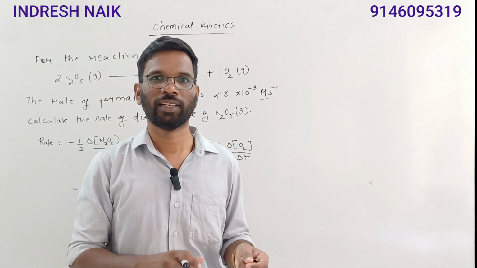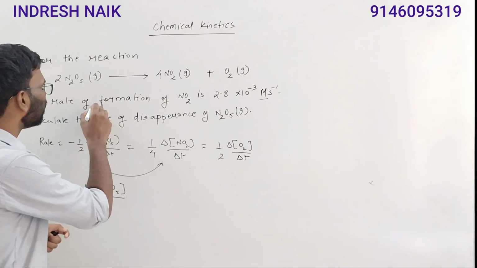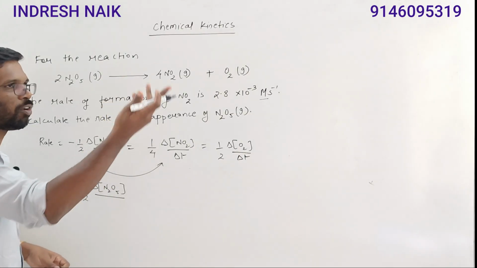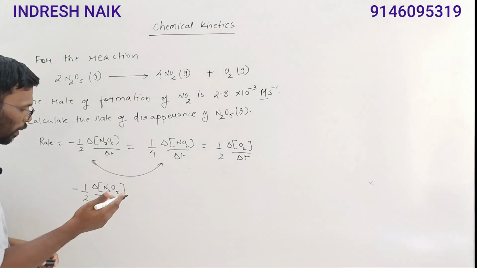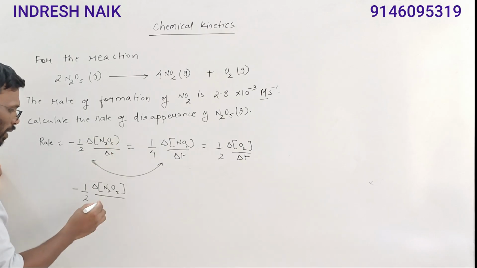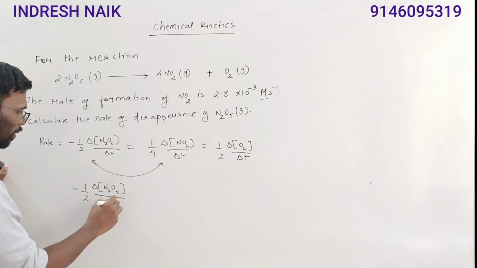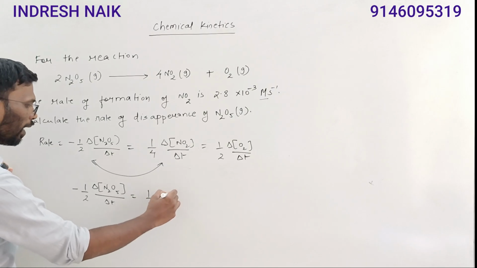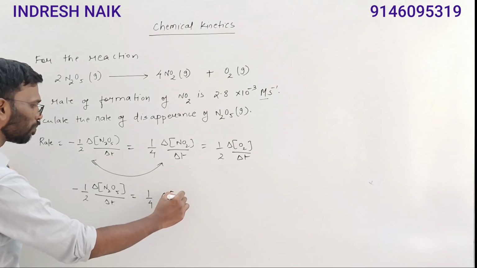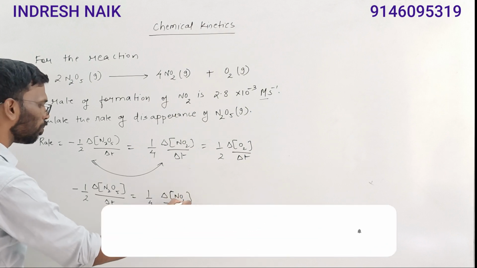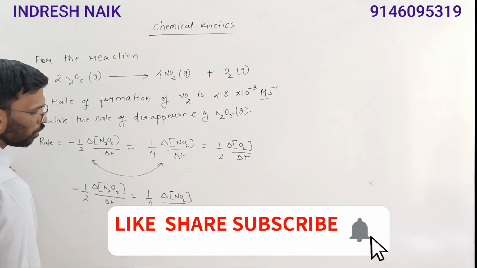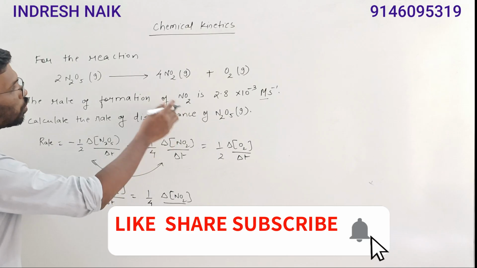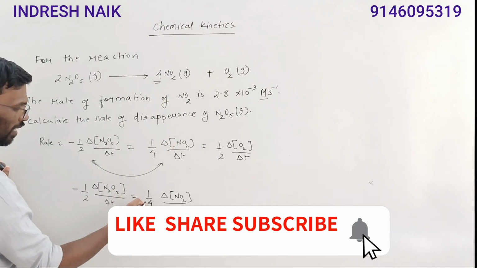mathematically, right? This rate of formation is different from a rate of reaction. Okay, so I'll just equate this first and then I'll explain what this 1 by 4 delta NO2 by delta T is. You see this, I have divided by the stoichiometric coefficient.